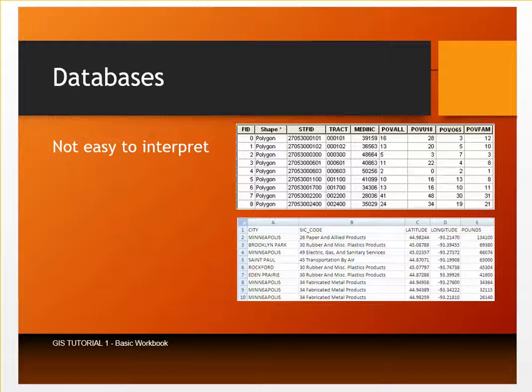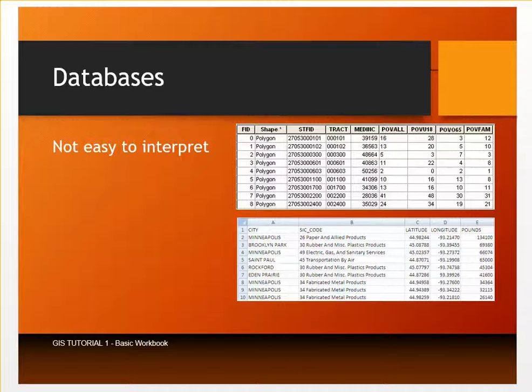So we have data. We have databases. Our top table here is our census tracts with information about income and poverty. The second table here is a database of companies, what industry they're in, that's the SIC code in column B, as well as the latitude and longitude, and how many pounds of pollution they're spewing.